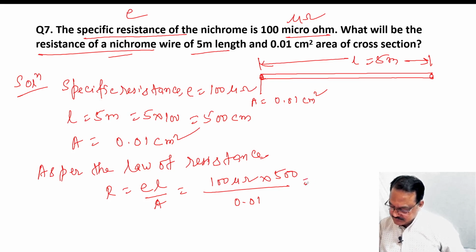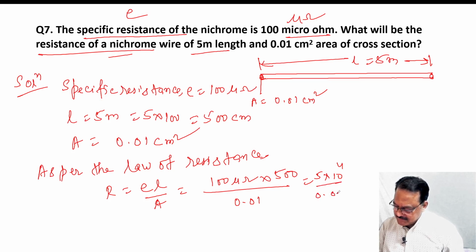It will be 5 into 10 to the power 4 by 0.01 micro ohm.